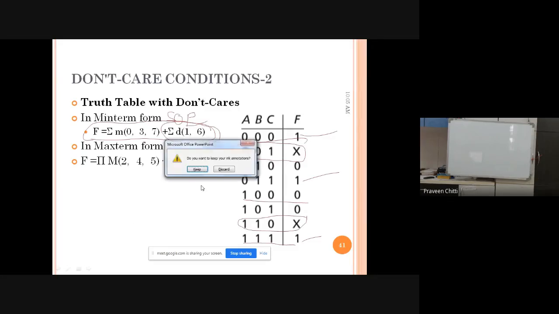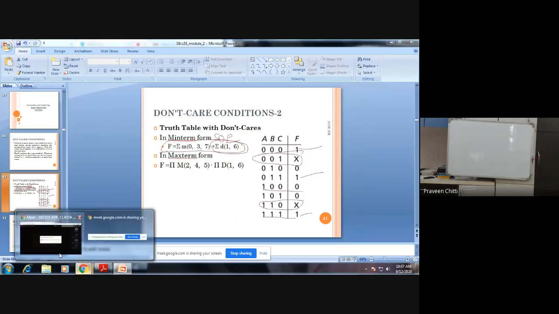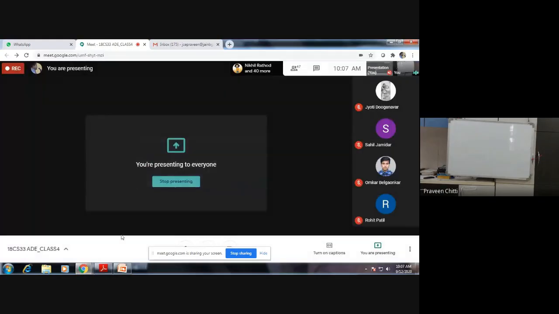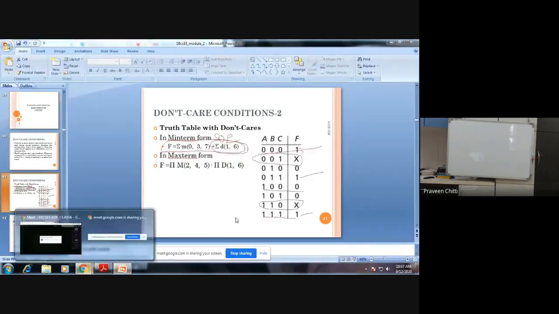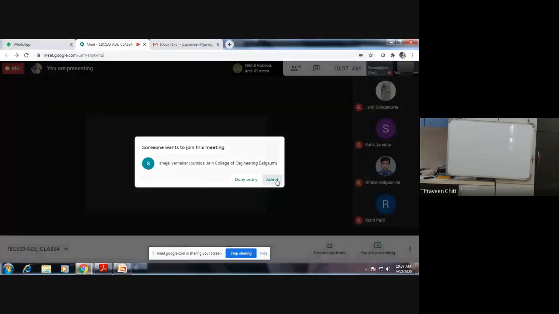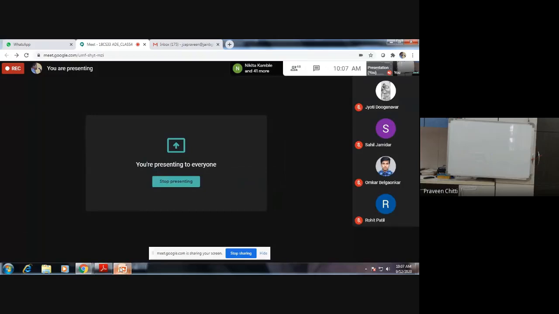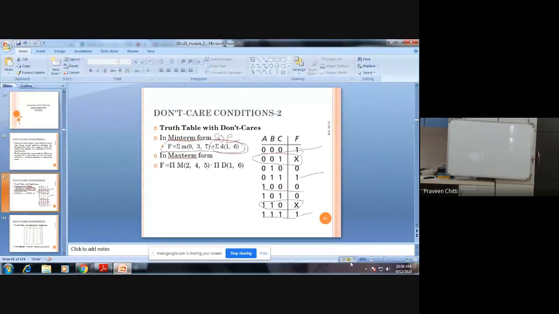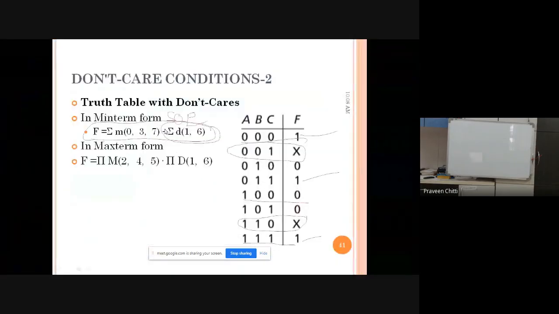How are you going to get the POS expression for this? So POS is like, whatever you have considered in the SOP, 0, 3, 7, the remaining you have to take in POS.